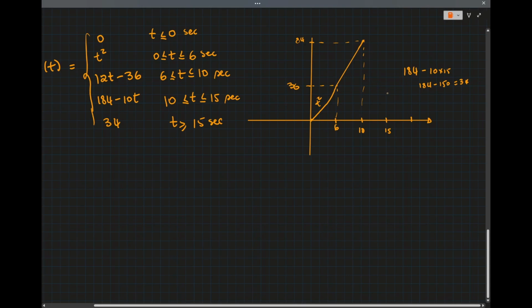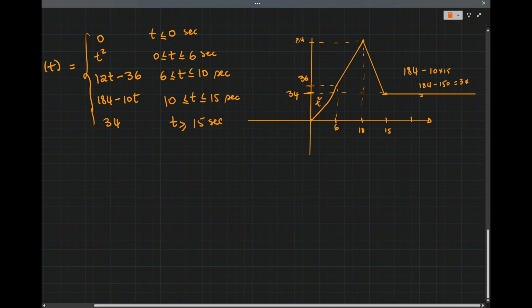It's also a line with a negative slope, so it should come down something like this. And then when we reach 15, it remains constant after that.